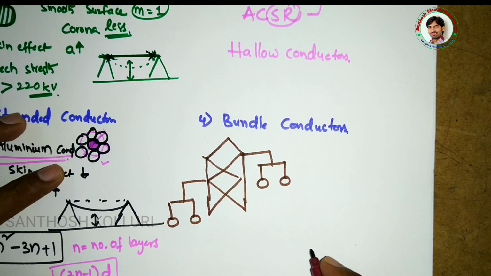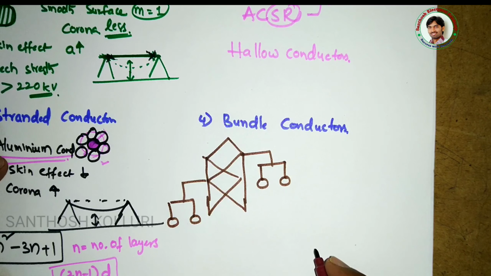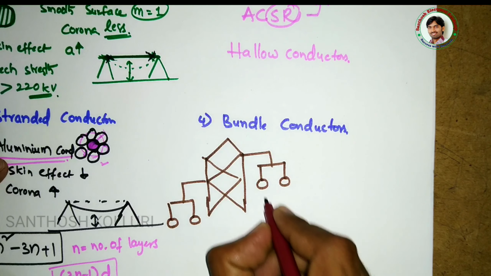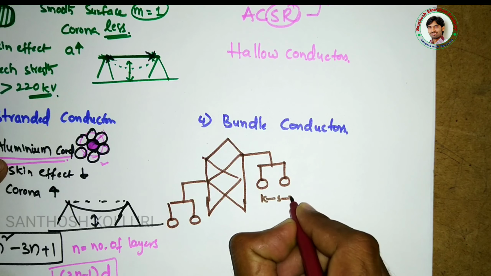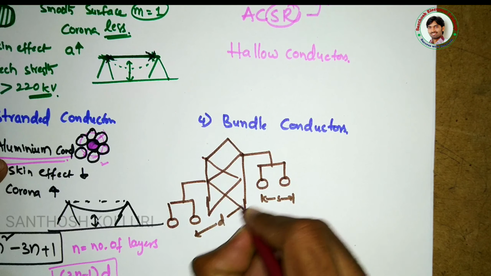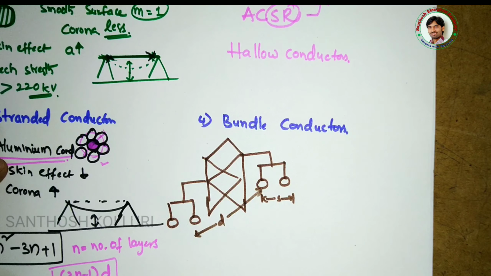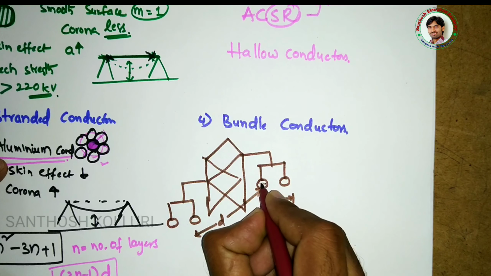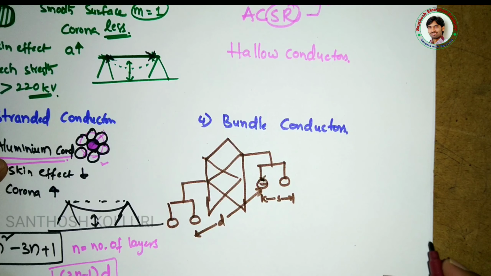And the condition for using this bundle conductor is, this is called spacing between the conductors, and this is a diameter d, distance, we can call it as distance d, and this is a radius of each conductor.